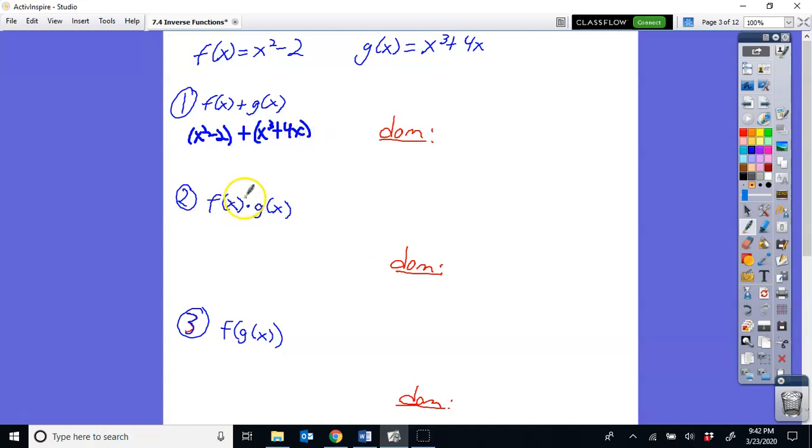If I add those together, remember adding just means collecting like terms. Notice that there's not really any like terms. The only thing that I can do here is put them into what we call standard form, where I start with the highest exponent and I work my way down. x cubed plus x squared plus 4x minus 2.